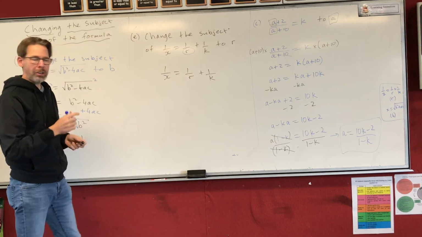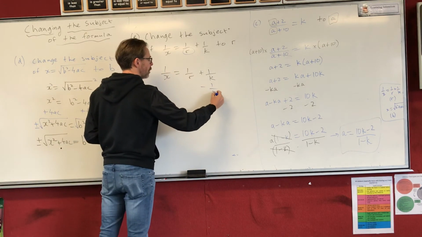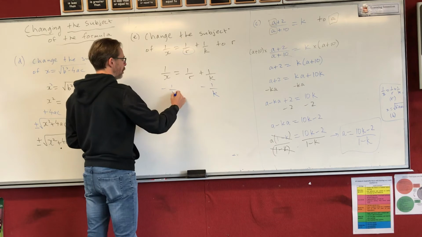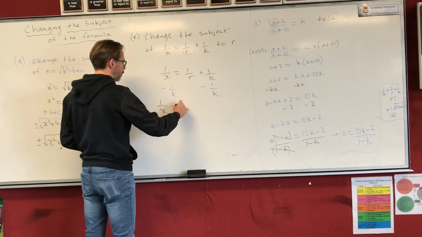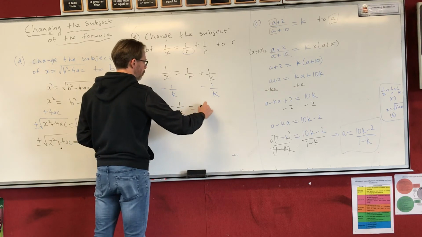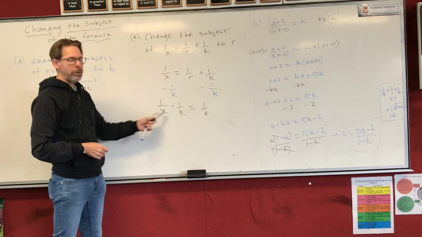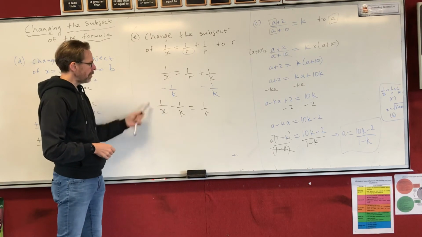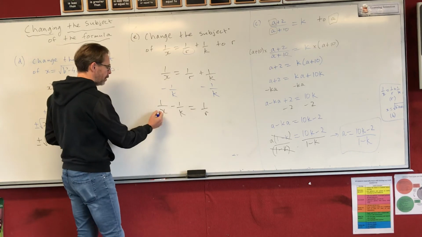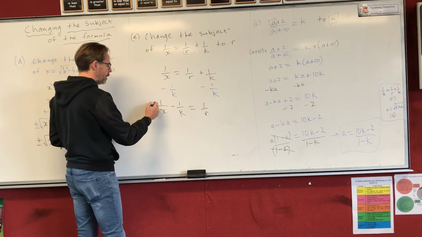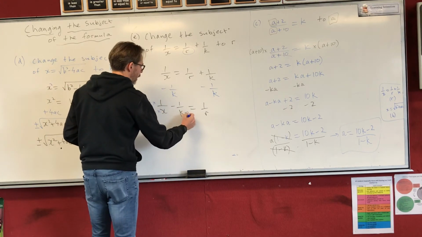Alright, first thing I'm going to do is get this term by itself. So I'm going to subtract 1 over k from both sides. That gives me 1 over x minus 1 over k equals 1 over r. Rightio. Now, I'm going to get common denominators. I'm going to make this a single fraction with one denominator. Now, times by k, and times by x.